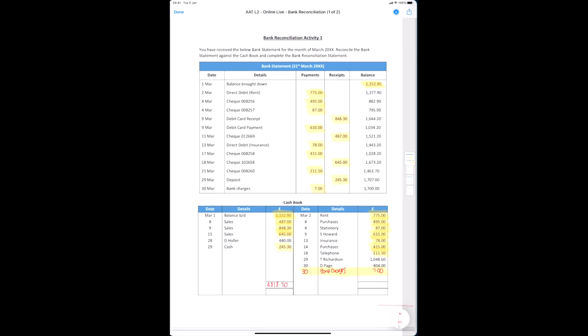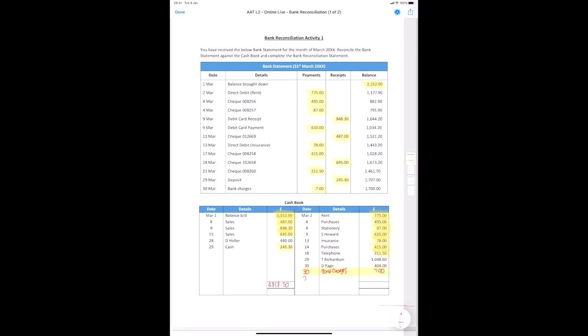What we need to do is add in a balance carried down at the end of the month for the difference between the two columns, which should be £687.40. That means both columns will then total £4,818.50.